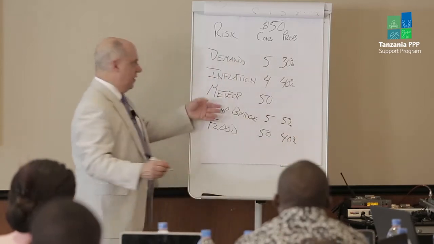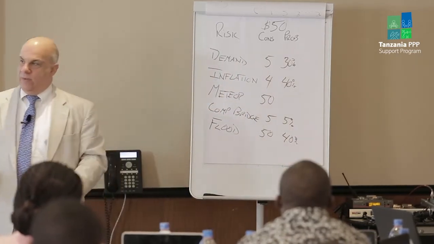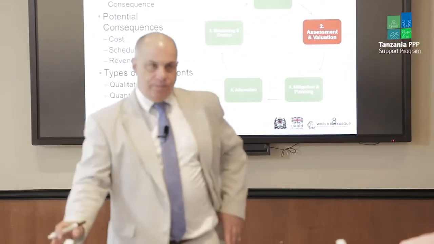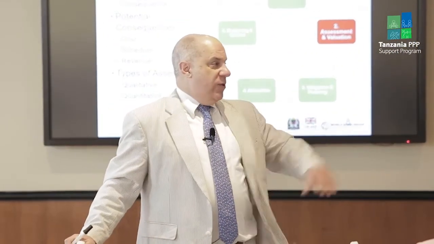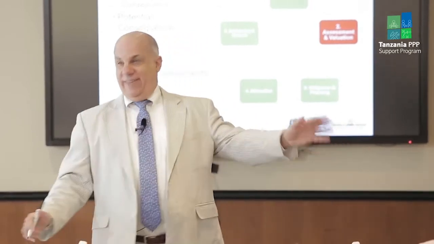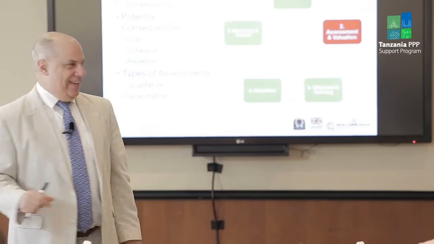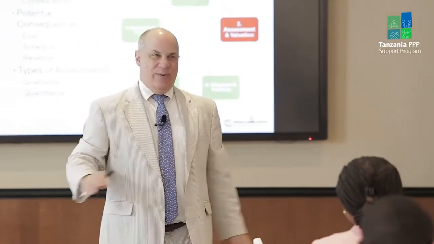Okay, now we've got to get to the meteor. What's the likelihood that a meteor is going to hit the bridge? You said 1%? Oh my God. That's high. I hope that's high for all our sake. Okay? 1%. How about this one?